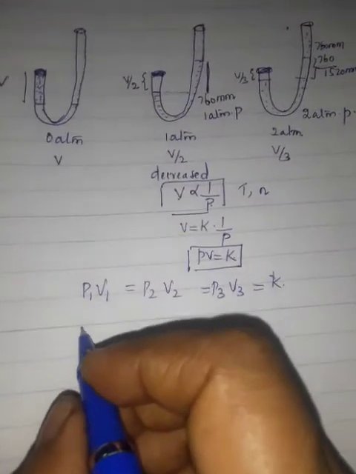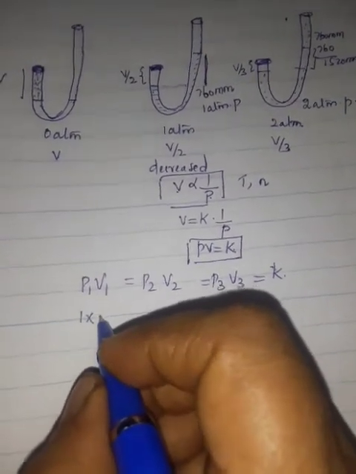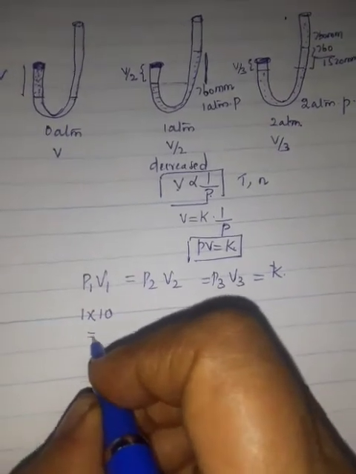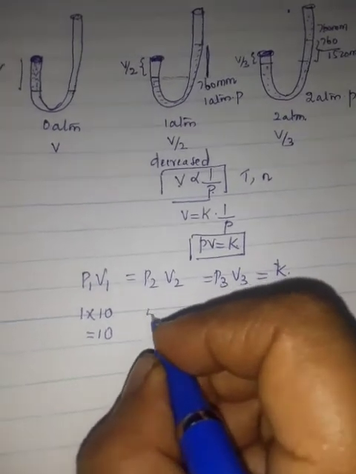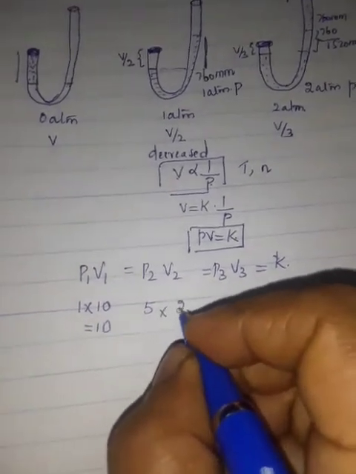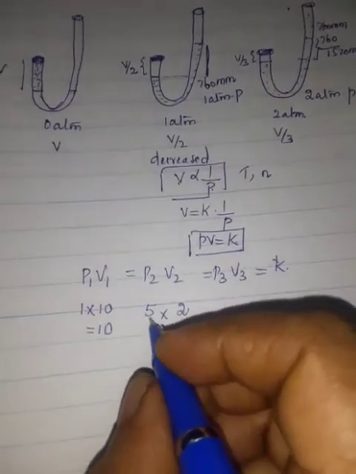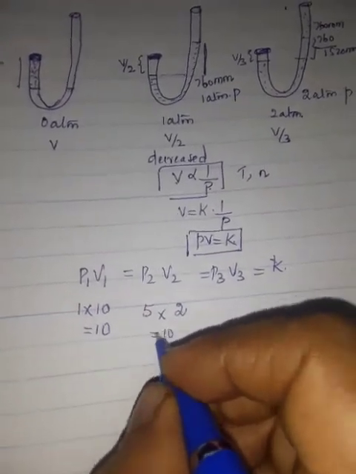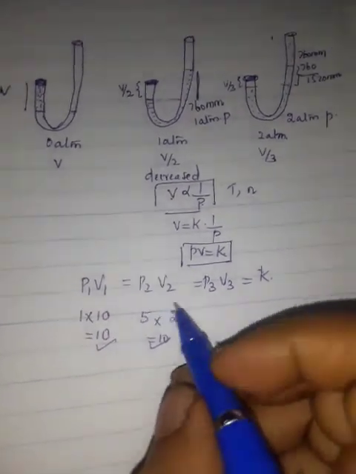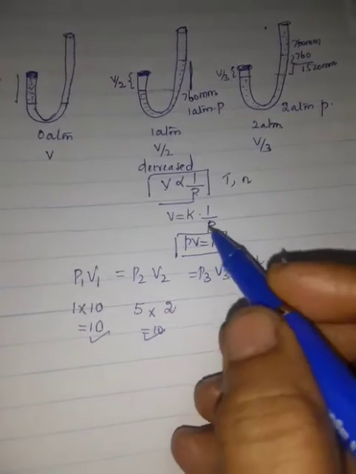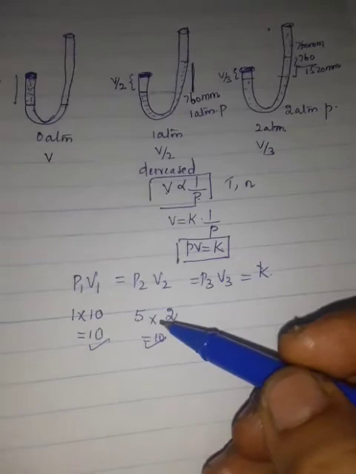Suppose in the first experiment the pressure is 1 atmosphere and the volume is 10, the value we get is 10. In the next experiment, suppose the pressure is 5 and the volume is 2. Pressure increases, volume decreases. So 5 into 2 is equal to 10. So we are getting the value as constant. This is the proof. In such a way the law gets proved.